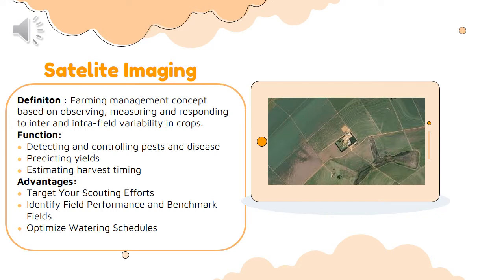It allows growers to compare farm fields on a large scale and identify fields performing below average to implement treatment actions. Last, it can optimize watering schedules. Crops need the right amount of water to flourish, and anything extra is a waste and potentially harmful to the crops. With a satellite, make sure all your crops are getting the right amount of water.